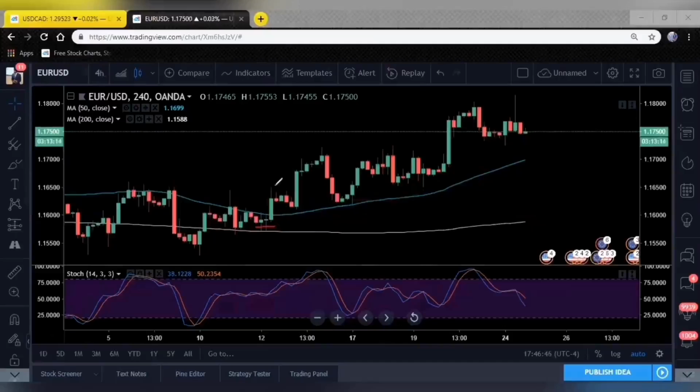Once price broke the 50 moving average and fell above, we had a second entry for a buy. The reason we have entries for a buy is that the moving averages are representing support and resistance zones. In this case, the moving average represented a major support zone, which caused price to move upward on a bullish momentum.